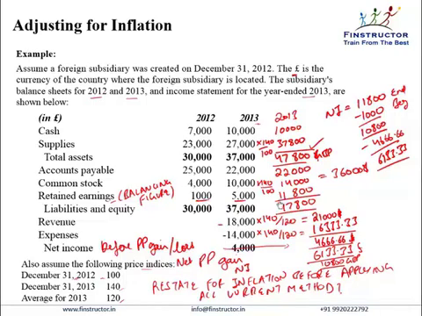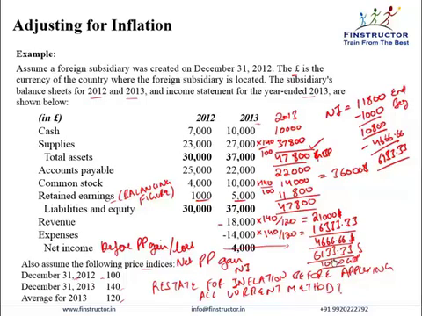This net income will then go into my retained earnings, and this will be the reconstructed or the restated balance sheet and the income statement adjusting for inflation.